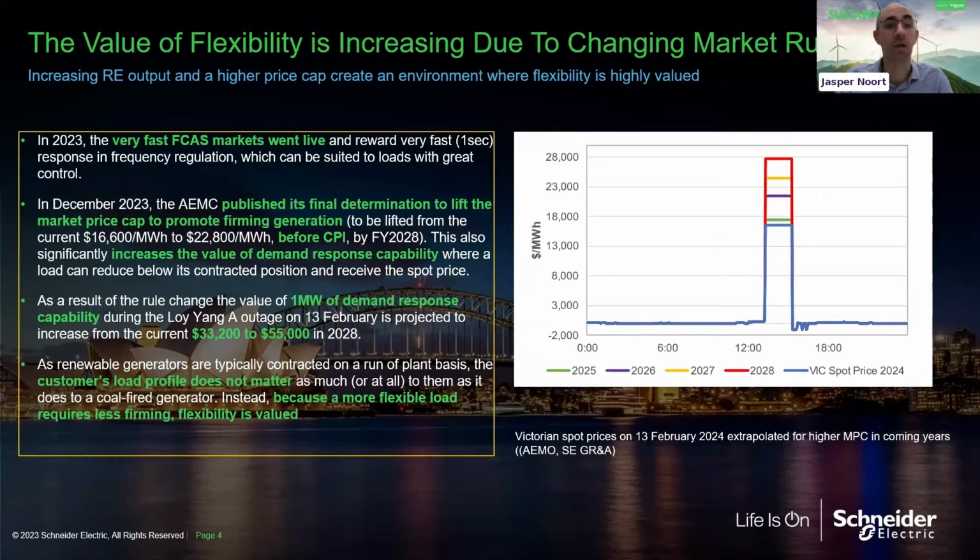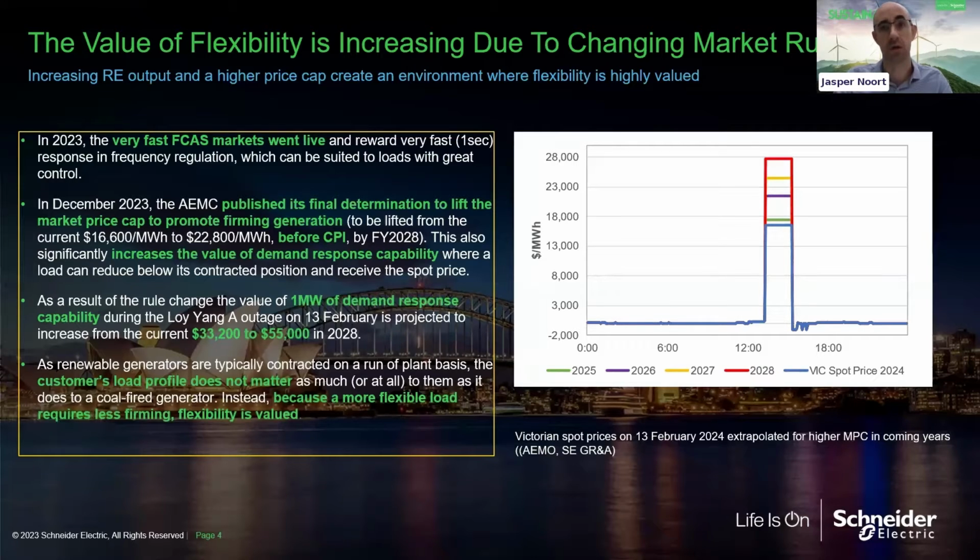Anyway, so yes, another driver of the value of flexibility is changing market rules. Recently, the very fast FCAS market went live, or fast frequency response, which basically rewards a quicker response to changes in frequency. And especially some of the loads are quite compatible with that service.